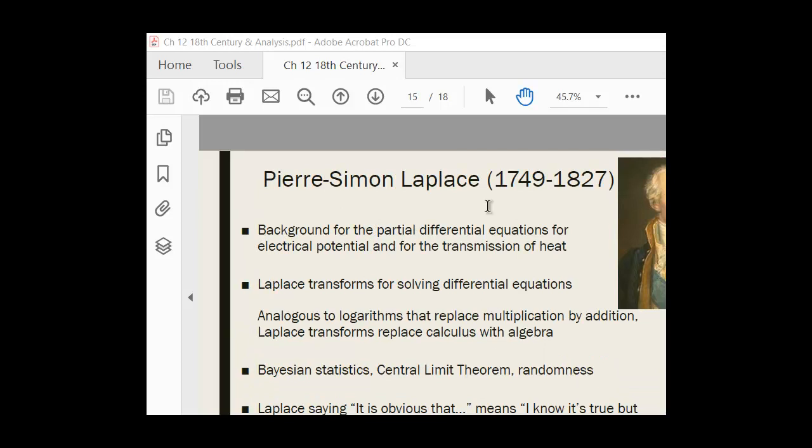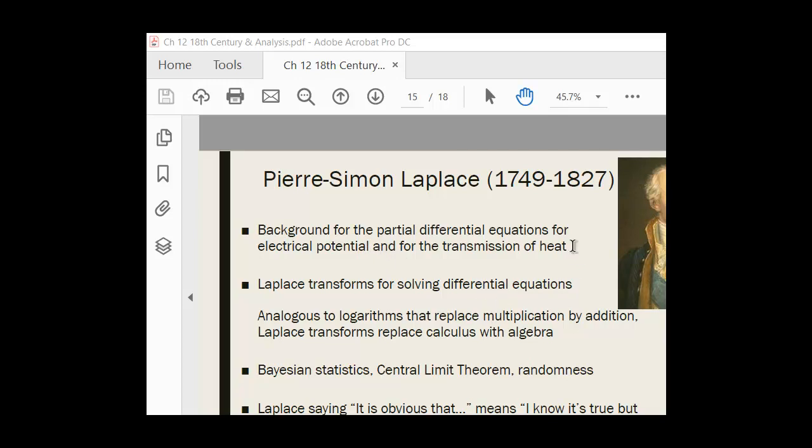The other big hitter is Laplace. Most of these mathematicians were from France or Italy, sometimes Germany. Laplace, like Lagrange, was also interested in mathematical physics. And so some of the things that he did in partial differential equations led to the way we describe electrical potential or the transmission of heat.